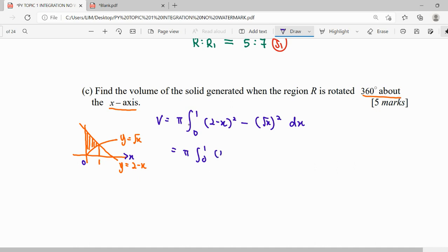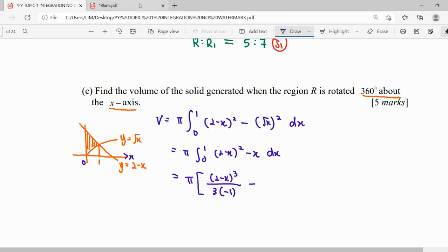For this linear bracket, I don't need to expand because it is linear, so I can use the formula. I simplify this square root of x, squared, so I put it as x. Then we start to integrate. When we are using a bracket of linear, the power will be plus 1 over the new power. Then don't forget to divide by the coefficient of x, which is negative 1.